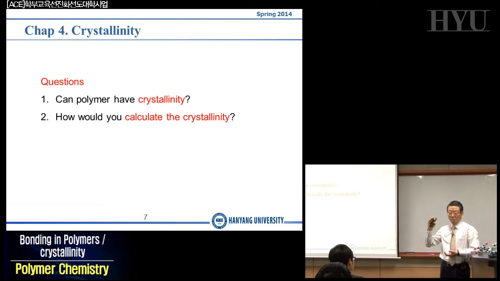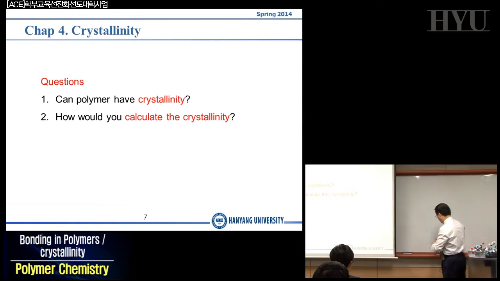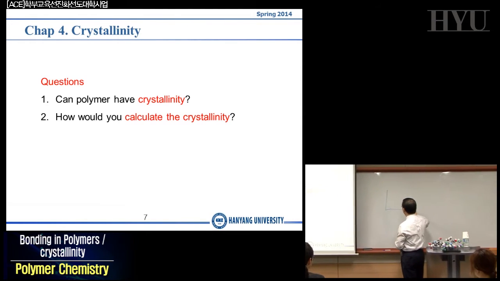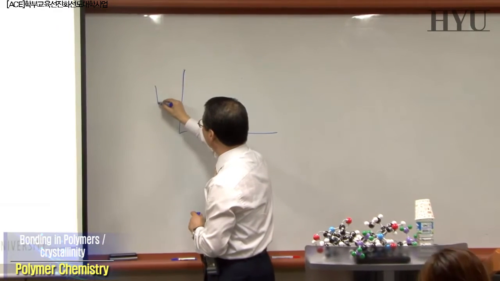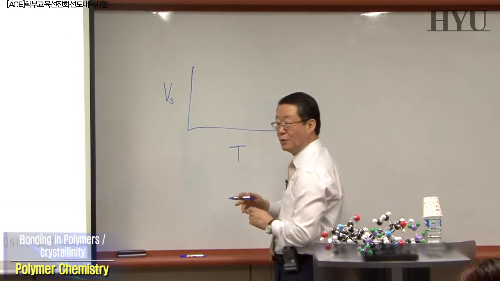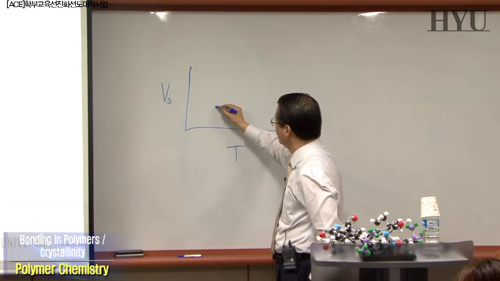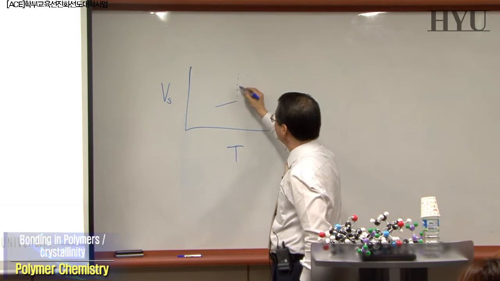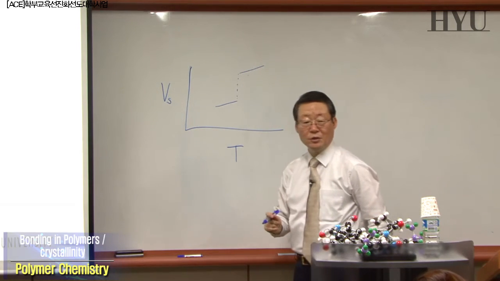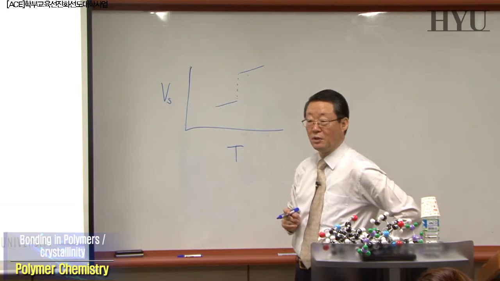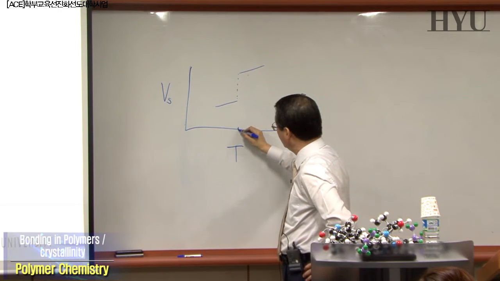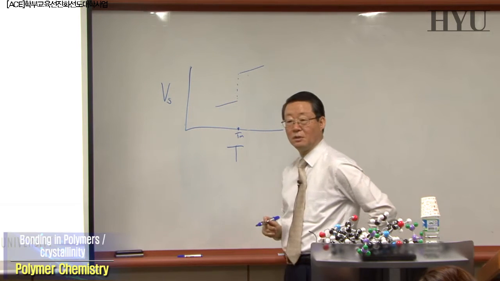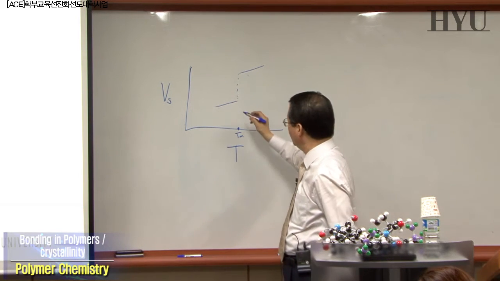Your crystal becomes liquid phase from solid phase. So by definition, if you plot specific volume versus temperature, and your material has a discontinuity in specific volume versus temperature, that temperature is defined as the melting temperature, right?